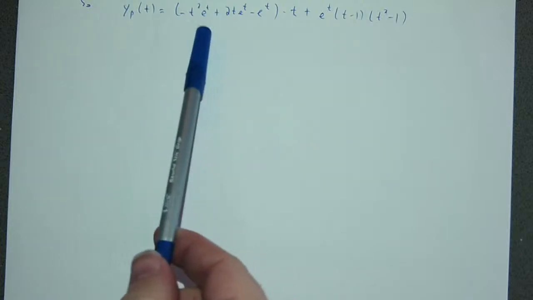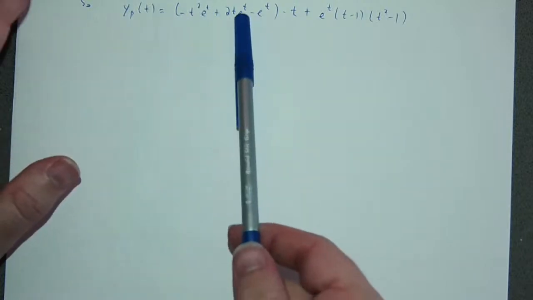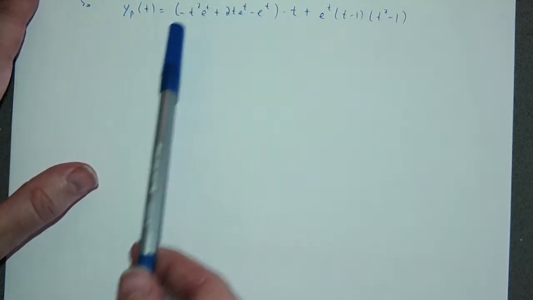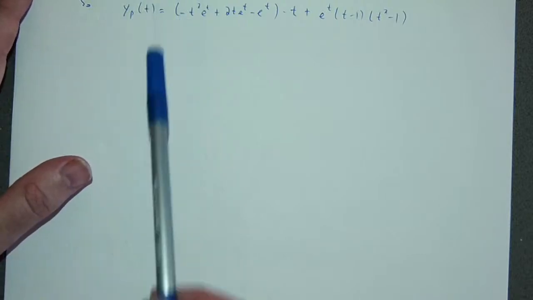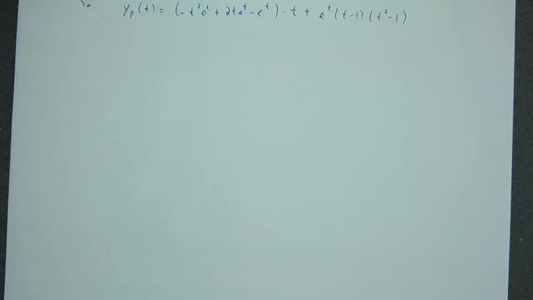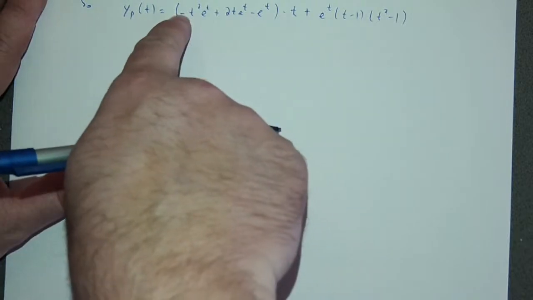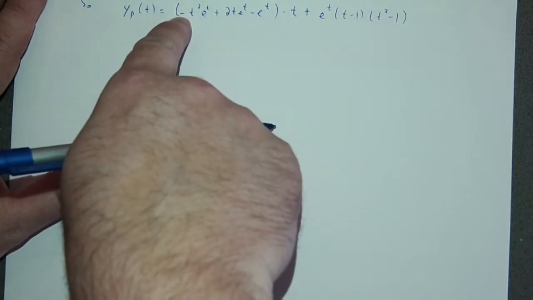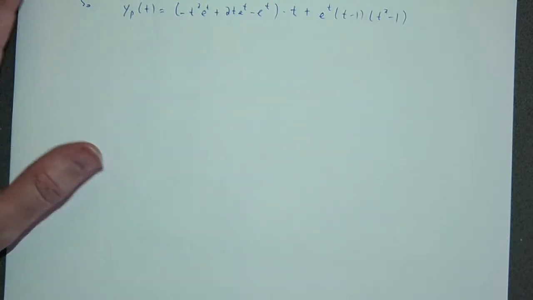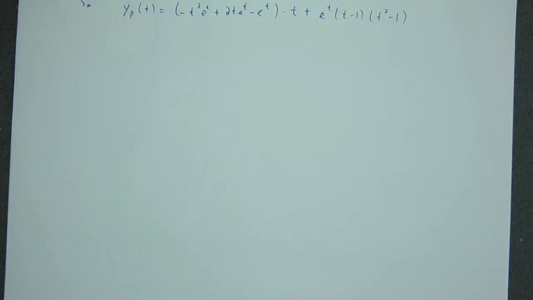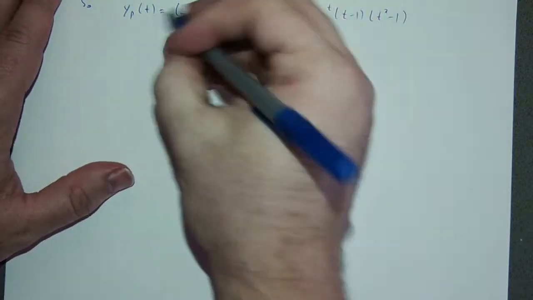Of course, I could factor out an e to the t here, and I can also factor this as, this is like 1, this is like minus t minus 1 squared, right? So if you like, maybe I'll do that.